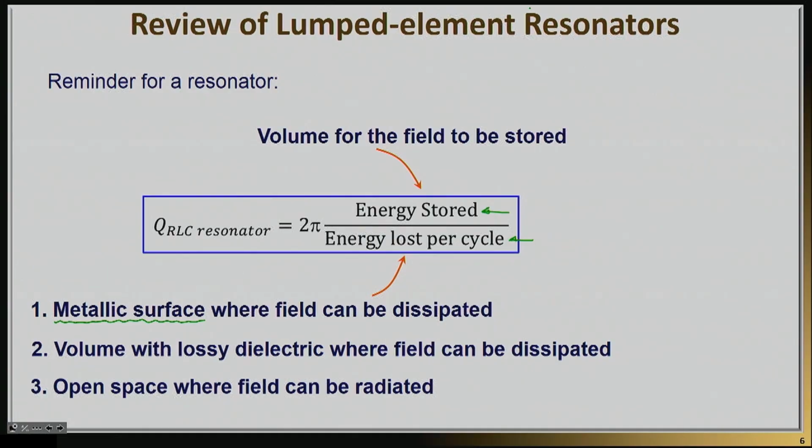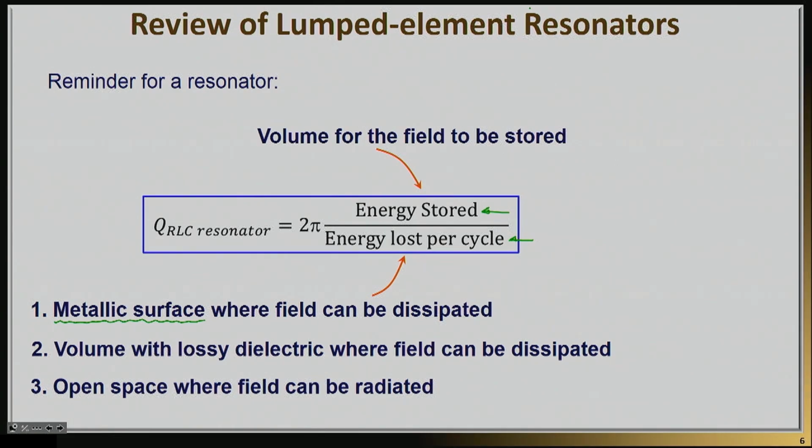And finally, as we were just discussing before, open space is suspect for radiation. So that means if you store E and H in an open space, you might lose them because of radiation effects. So when you try to minimize losses in a resonator, we typically try to minimize those three.